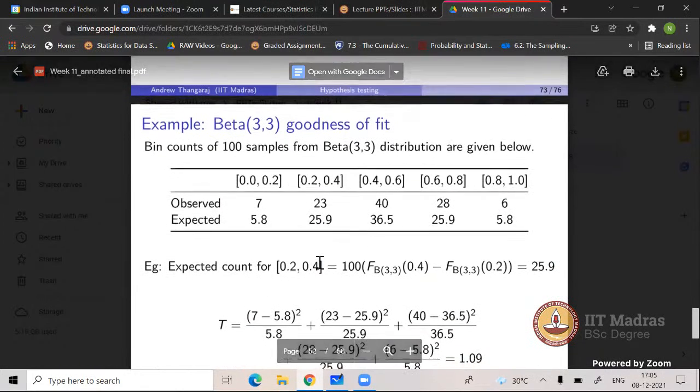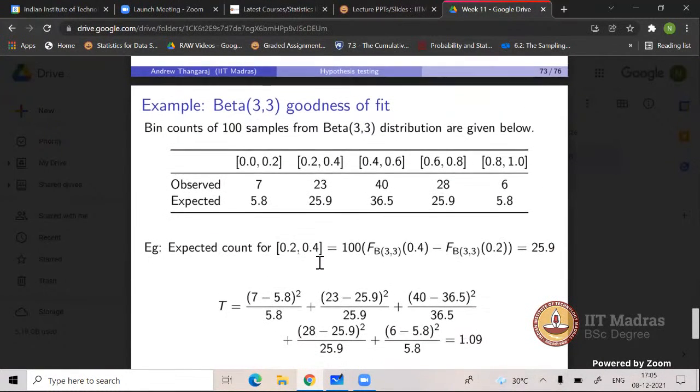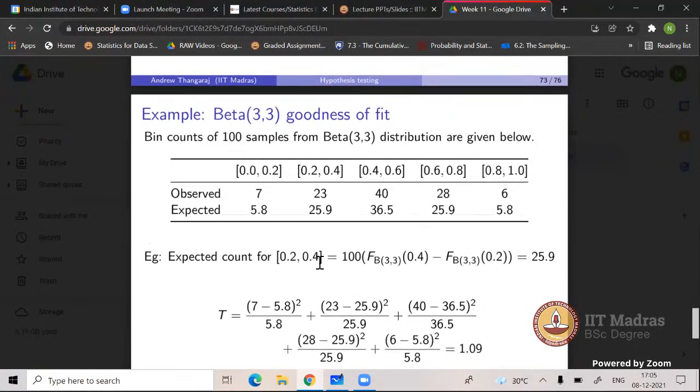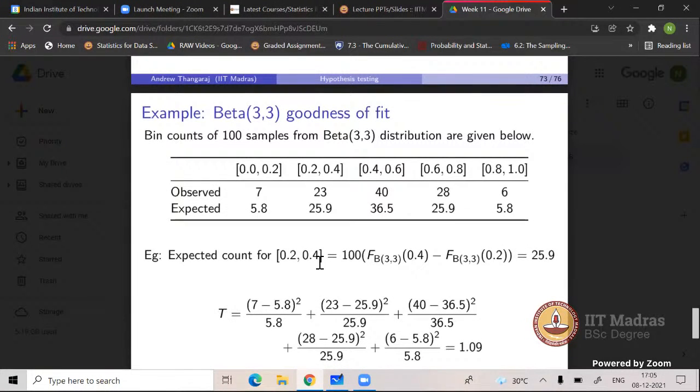One second, sir. Okay, so what is your question here? So bin counts of 100 samples from beta 3,3 distribution are given below. Yes. So this is given, that CDF. I am calculating via PDF. So in this calculation, how are we getting 25.9, sir? I am not getting it.